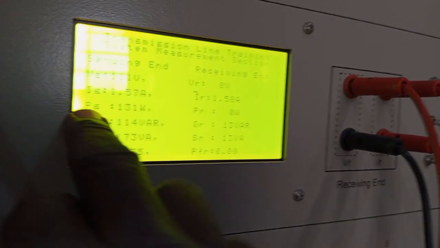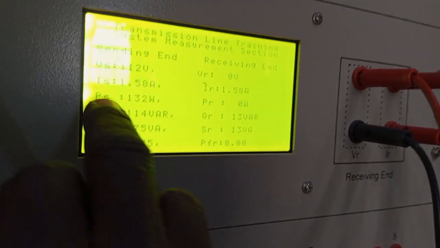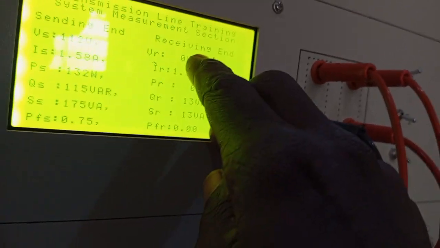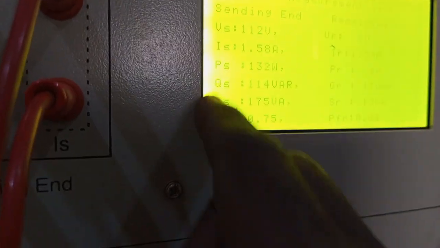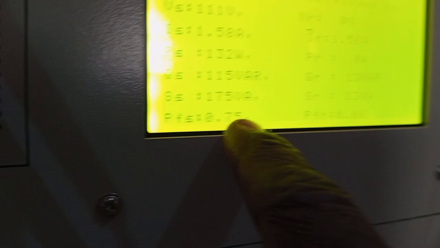Okay, so then we have the supply power, that is V times I, but at the receiving end we will not have any power because voltage is 0 here. Then you also have other parameters. Then you have the power factor here, 0.75.